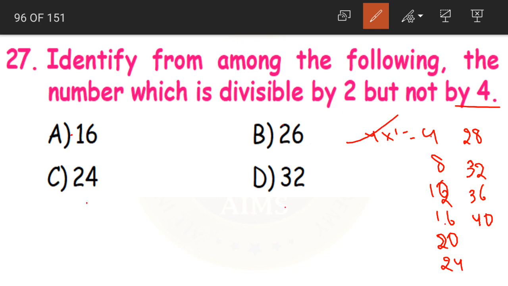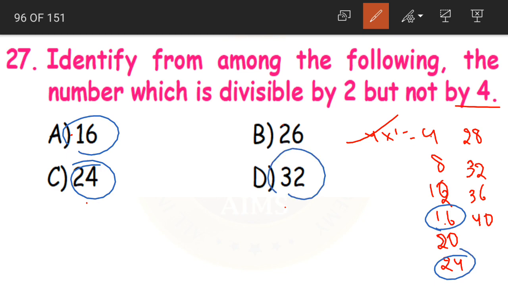If you look at the options, we have 16, we have 24 and we have 32 in the fourth table. Now what number do we not have? We don't have 26. So that means 26 is not divisible by 4, children. Okay, when we divide 26 by 4, the remainder will not be 0. So 26 is the number that is divisible by 2 but not by 4.